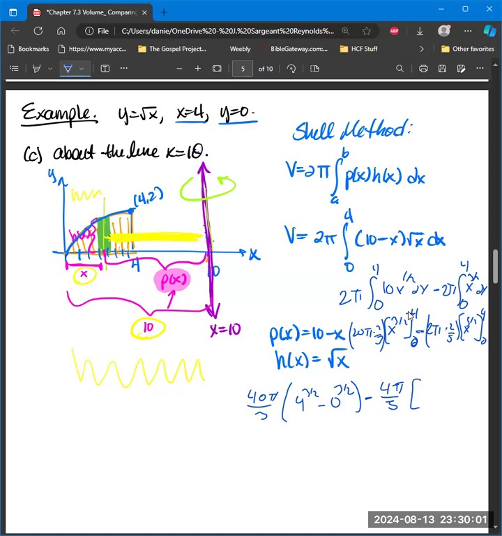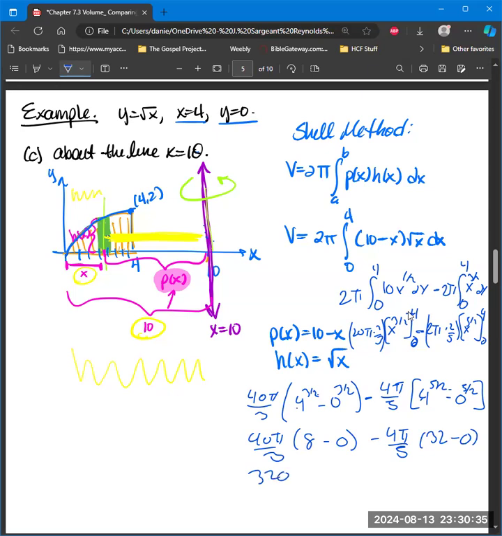And this is going to be 4 to the 5/2 minus 0 to the 5/2. And so this is going to be 40 pi over 3, 2 to the 3rd is 8, minus 0. 4 pi over 5, 2 to the 5th is 32, minus 0.